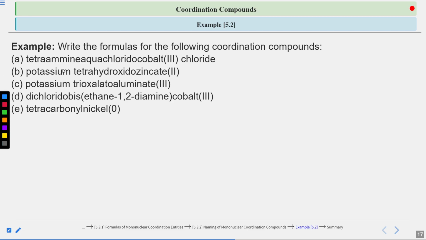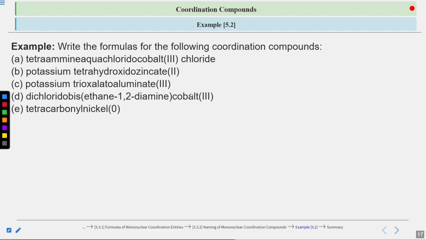B, potassium tetrahydroxido zincate(II). C is potassium trioxalato aluminate(III). D is dichlorido bis(ethane 1,2-diamine) cobalt(III). And last, E is tetracarbonyl nickel(0).